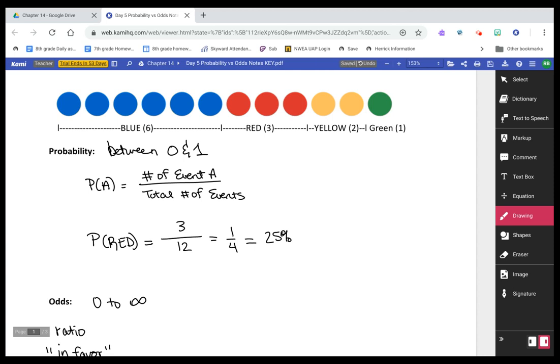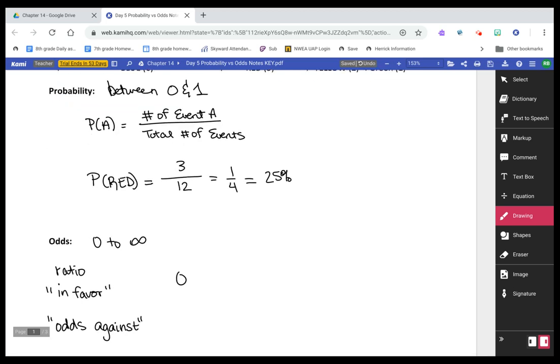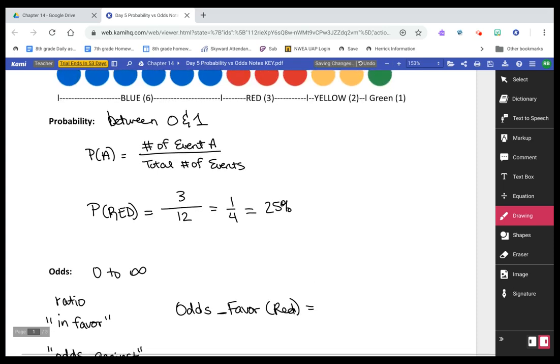Now, when we're talking odds, it's a little bit different. If we want to say, what are the odds in favor of getting a red? Well, you would tell me the number of red dots. And then it would be a ratio, and the second number would be the number of non-red dots.